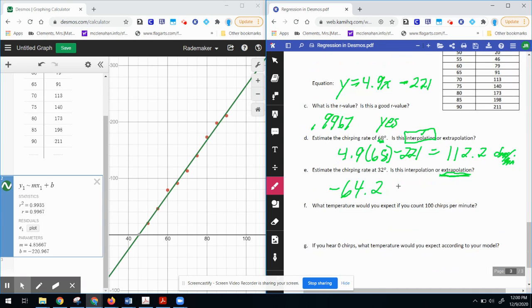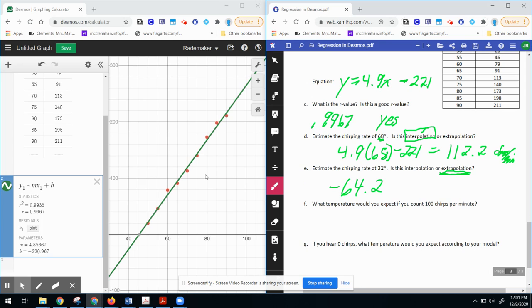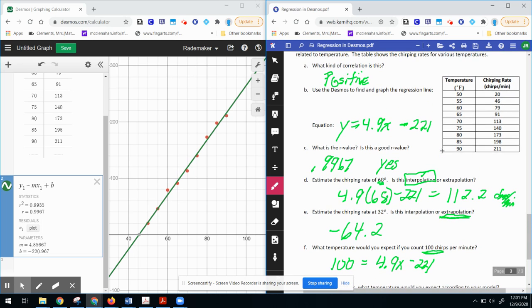All right, and then the last two problems: what temperature would you expect if you heard 100 chirps per minute? What this means is it's giving us chirps per minute and wants us to find the temperature. So it's giving us the y value and it wants us to find the x value. This time you're given the output and you have to solve for the input. You could estimate this looking at the table. 100 chirps per minute is not on the table, but it's between 91 and 113, so we should expect our temperature to be between about 65 and 70.